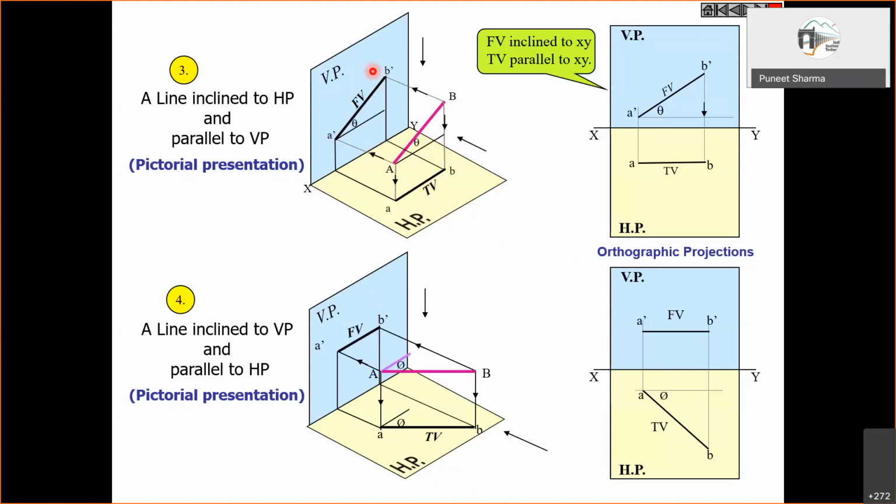B dash of course will always be in the vertical plane. This is front view. This always will be obtained in the vertical plane. So B dash will be always in the vertical plane. So when I move capital B with these two conditions, then B dash will move along a line which is parallel to this XY, so that its distance from the XY is not getting altered.